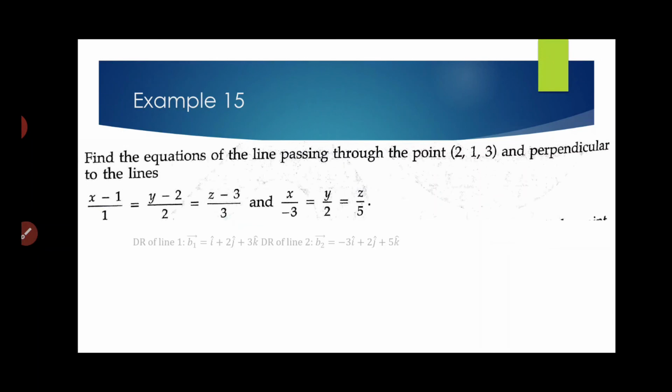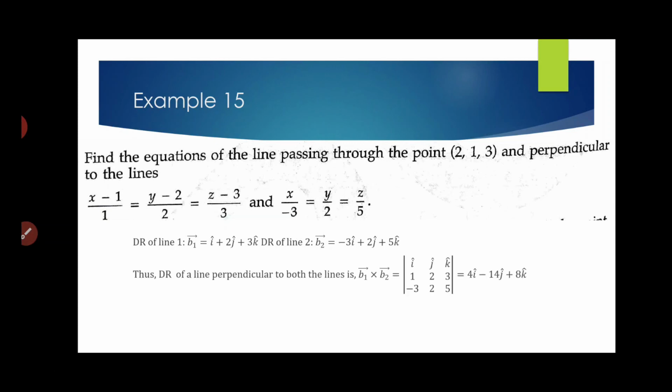So let us first find the direction ratio of the third line, that is by finding the cross product. After finding the cross product, do give it a check. The cross product gives you 4i minus 14j plus 8k. So that is the direction ratio of the line which we are trying to find out.